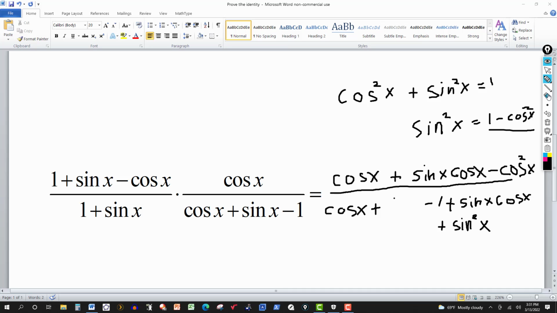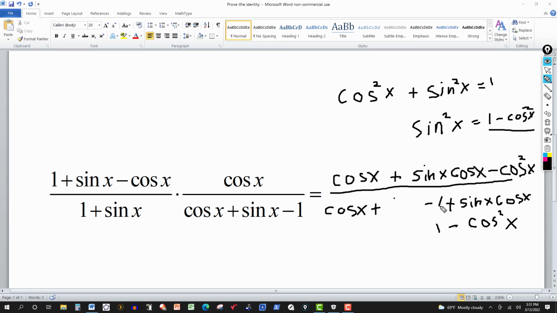So let me go ahead and, having a little room here, replace this sine squared of x by 1 minus cosine squared x.